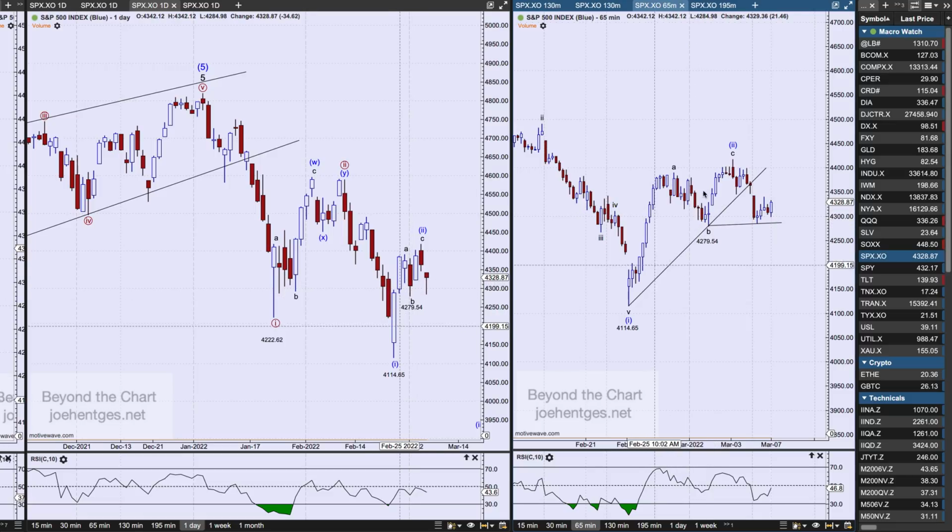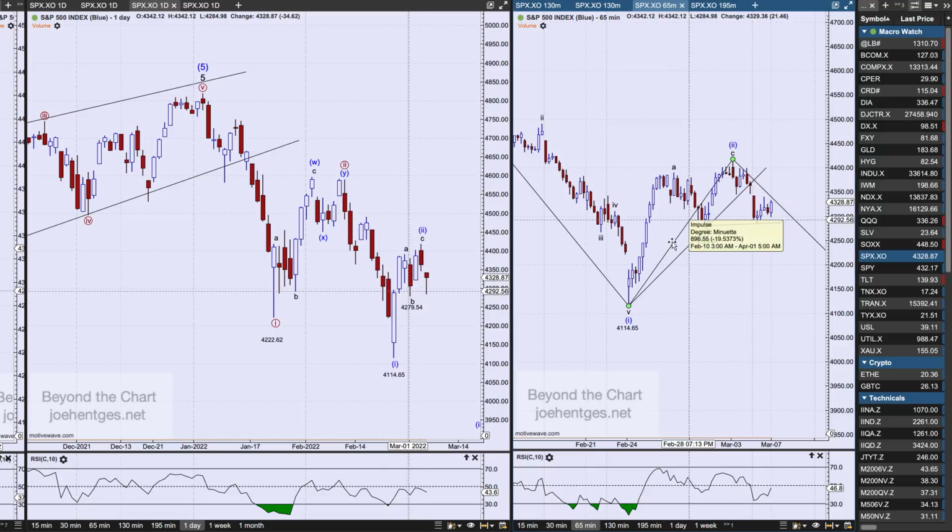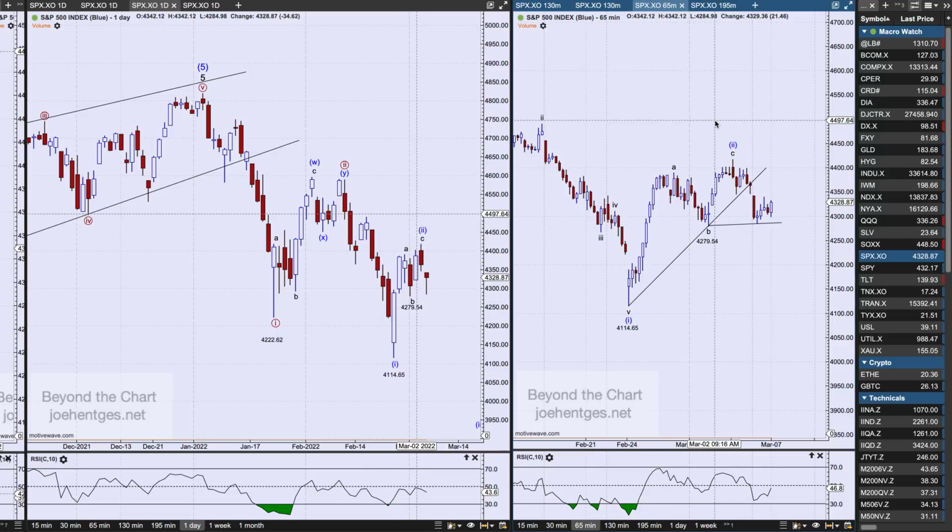Typically the default, the guideline view, is that in a wave 2 you look for a sharp zigzag type correction. But there is no rule that says it can't be a flat. The only thing it can't be in a wave 2 is a triangle. Okay, so just FYI. So that's the picture there with the Dow and the S&P.